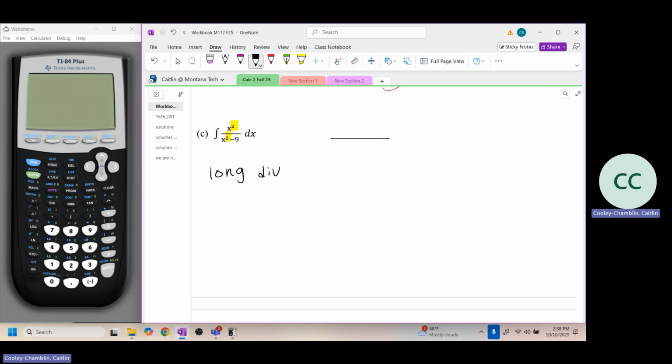So we have x squared minus 9 into x squared. This goes into here one time, and I get x squared minus 9. Subtract them, so I get positive 9. Remainder of 9.